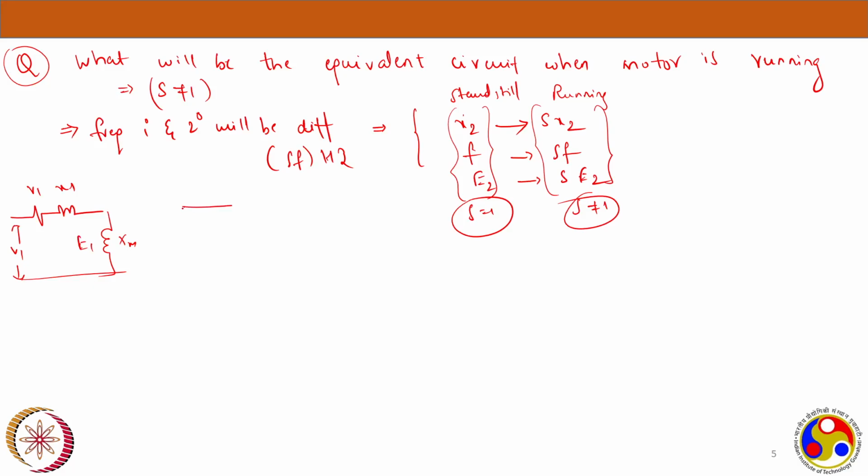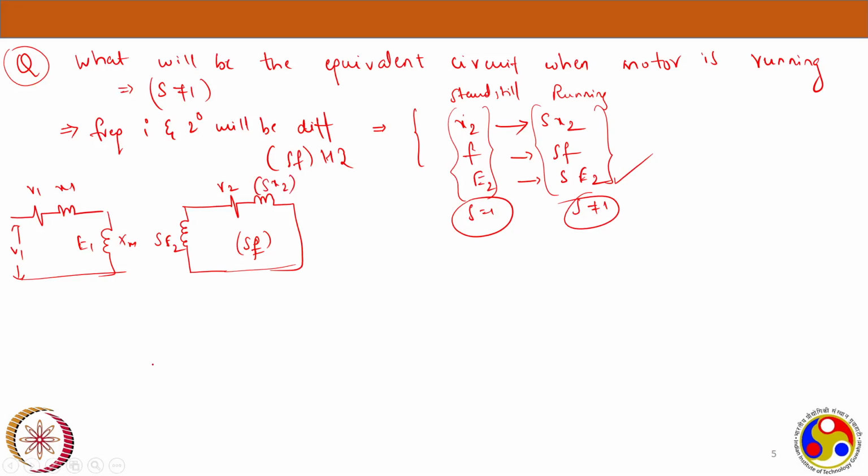And now if you look at the secondary side, there will be some induced voltage. Now this will be S times E2 here, and my frequency is Sf, and my resistance will be R2. Resistance is independent of frequency, that won't change, but your reactance will be S times X2.